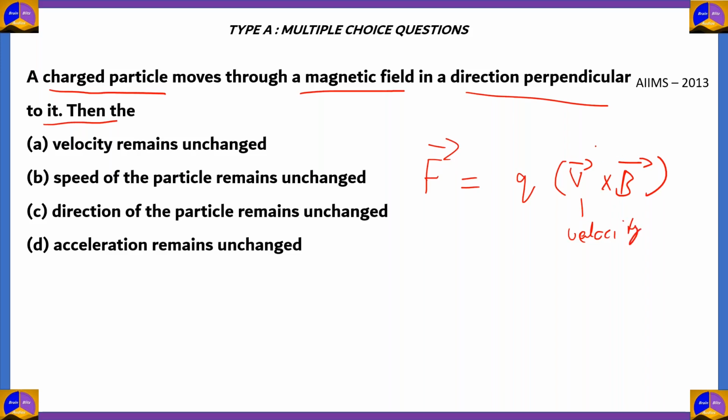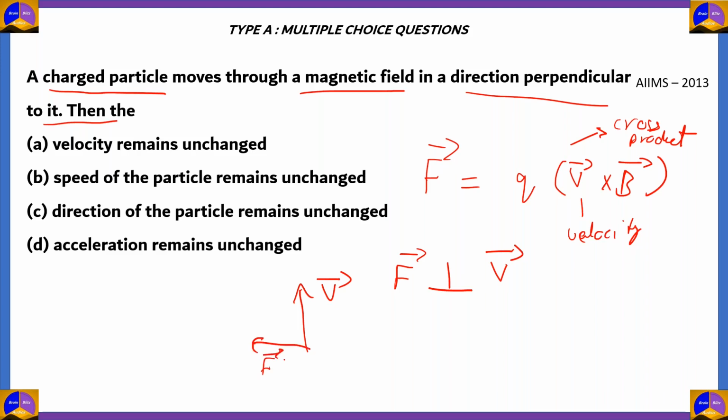Now, this particular multiplication is called a cross product. So for force to have the cross product of velocity and magnetic field, this will imply that force is perpendicular to the magnetic field. So when force is perpendicular, suppose we have V and then we have F in this direction.